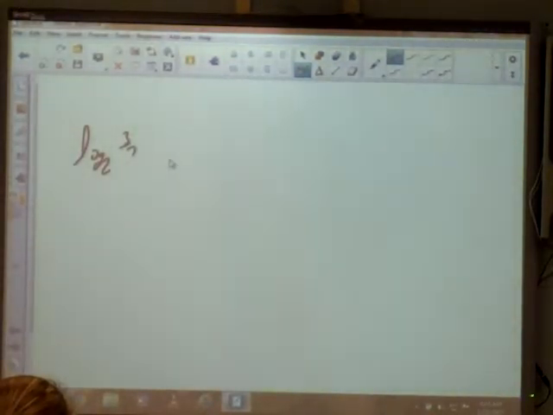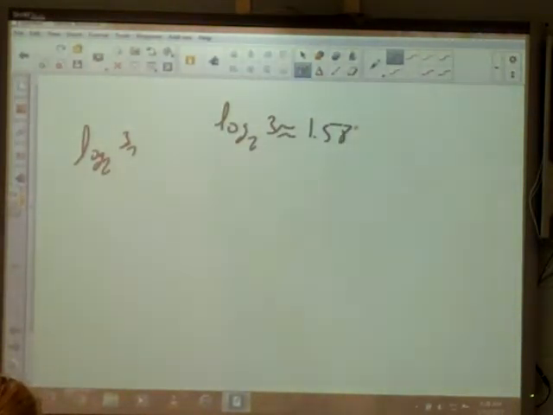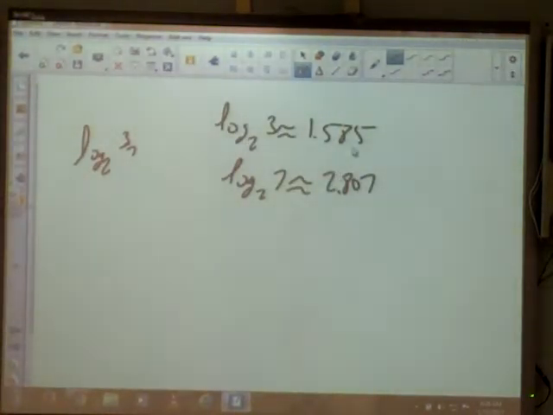Somebody would have to tell me that log base 2 of 3 is close to 1.585, and log base 2 of 7 is close to 2.807. Then I would use the properties that we just wrote. You can do this way faster, but I'm showing you how we would do it without a calculator.